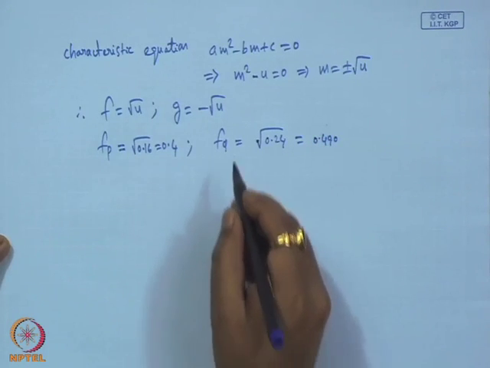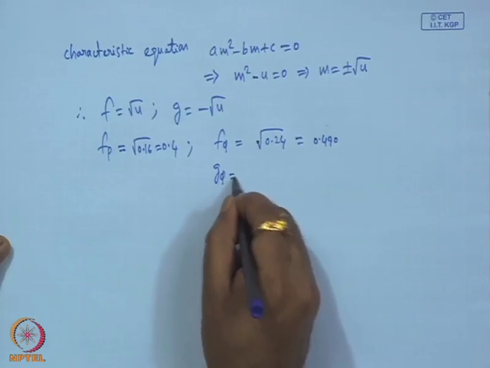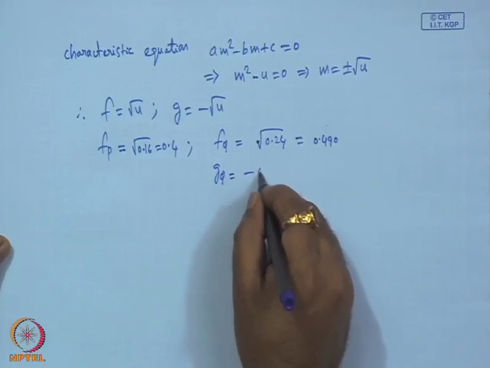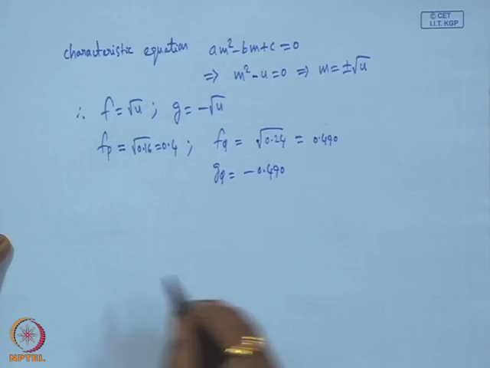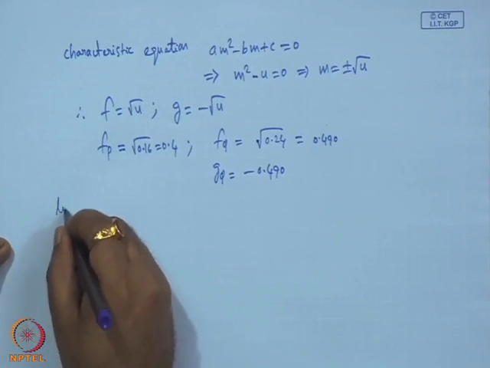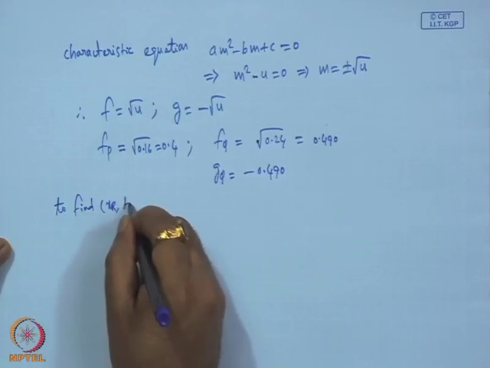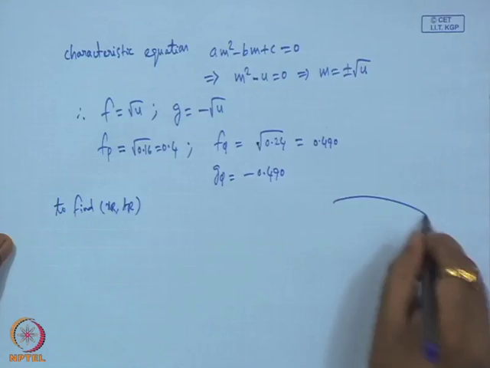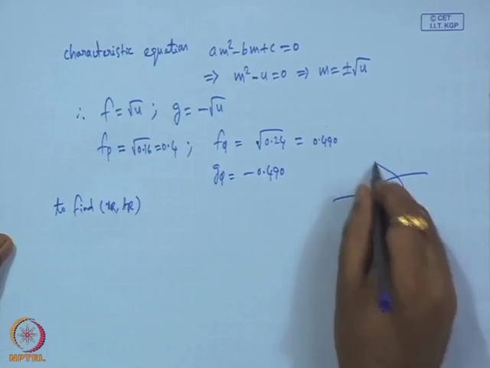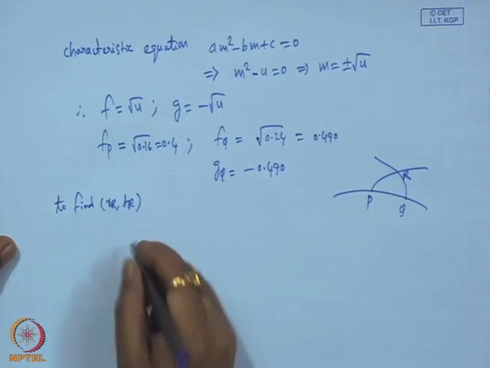Then g q is minus. Okay. So, now we have to find X R and T R, because this is the next task, to find R. Okay.